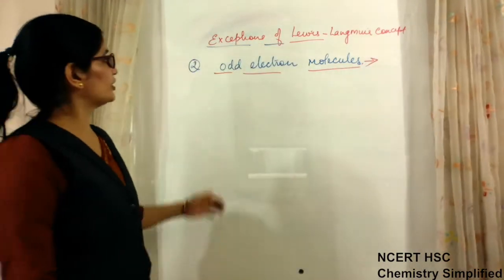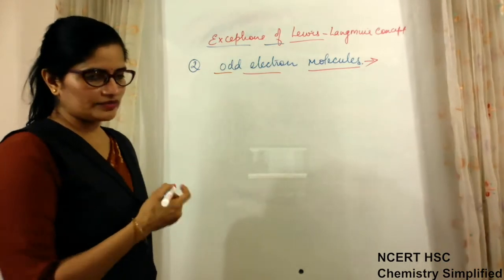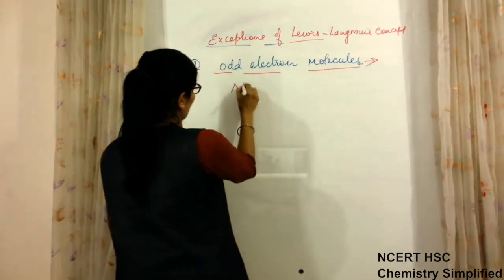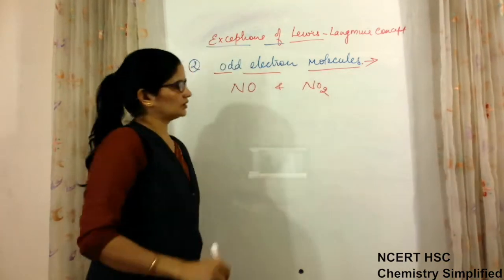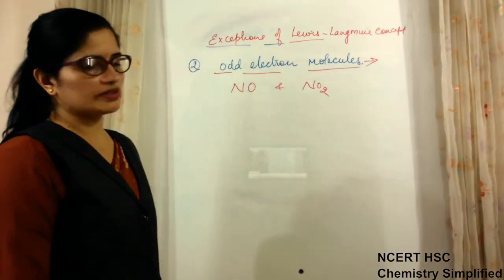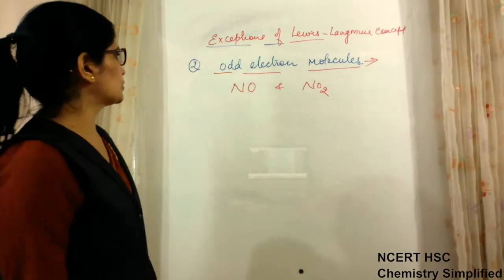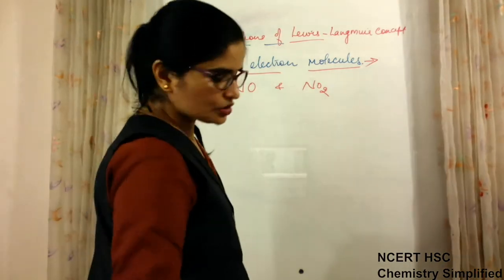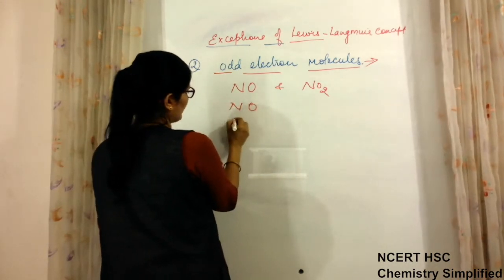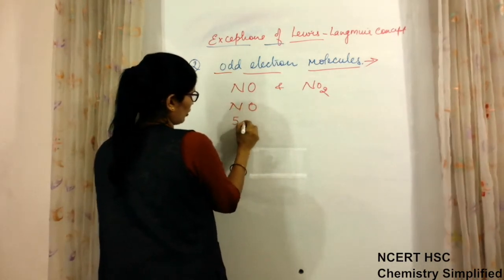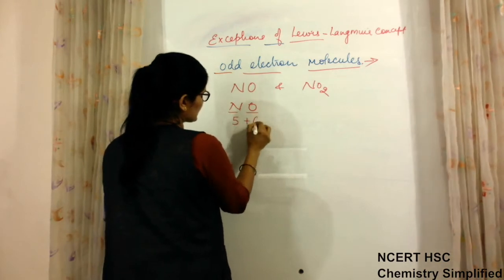Odd electron molecules. So the central atom, we will see two examples, NO and NO2. These are two molecules which are example of odd electron molecules. So formation of NO, nitrogen, valence electrons 5, oxygen valence electrons 6.